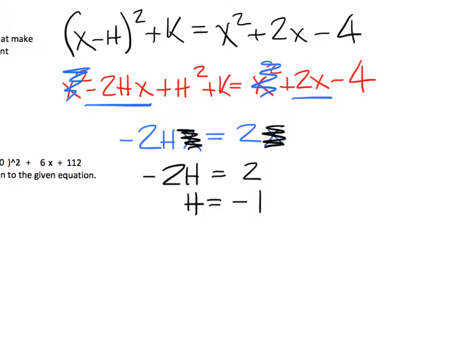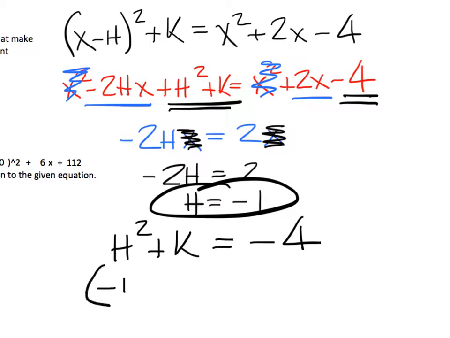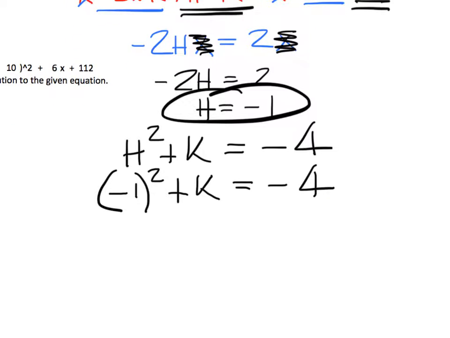Now notice that we have still this and this left over. h squared plus k equals negative 4. We found h to be equal to negative 1. Don't forget that's a quantity squared. Plus k equals negative 4. The quantity squared of negative 1 is 1, and then plus k equals negative 4.